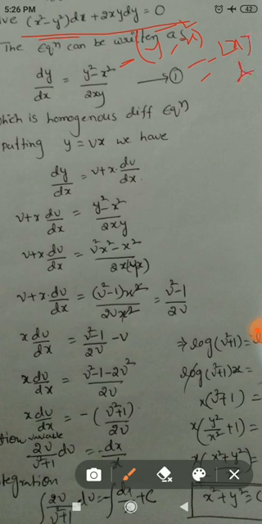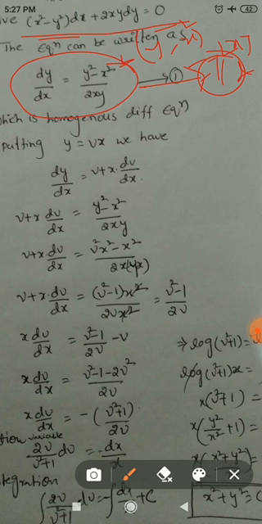The minus signs cancel, so dy by dx equals y square minus x square by 2xy. We put this in equation 1. It is a homogeneous function, so how do we solve the above equation?